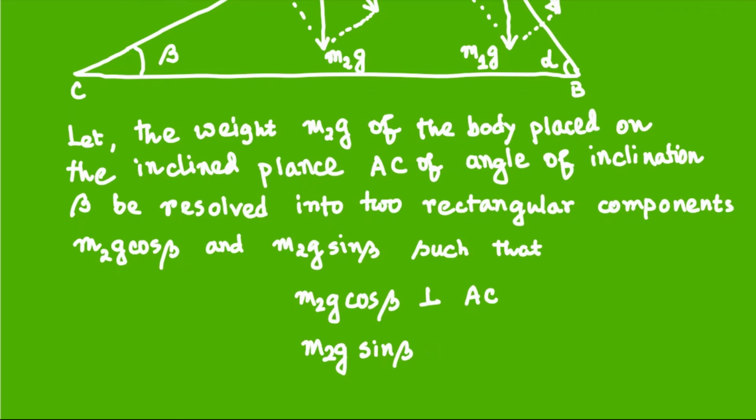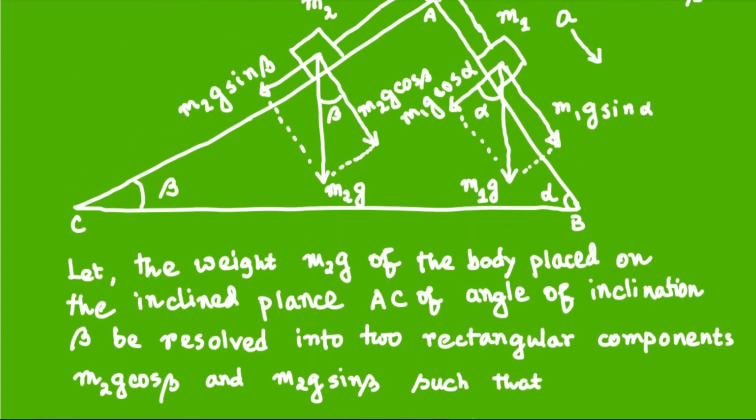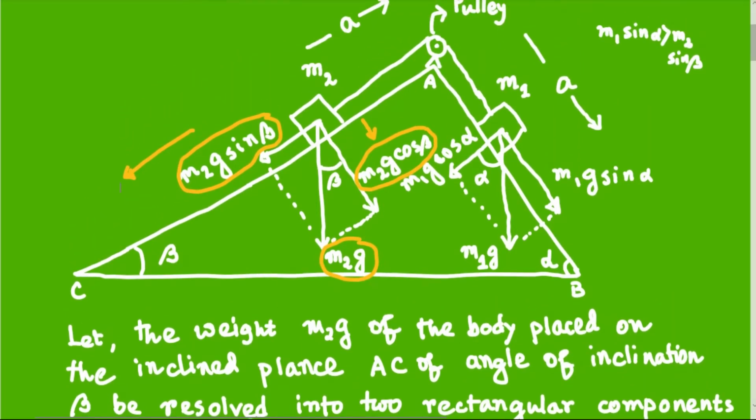So in the diagram, the weight m2g is resolved into two rectangular components. m2g cos beta is the rectangular component which acts perpendicular to the inclined plane AC, and another rectangular component m2g sin beta will be acting down the inclined plane AC, meaning parallel to the inclined plane AC.